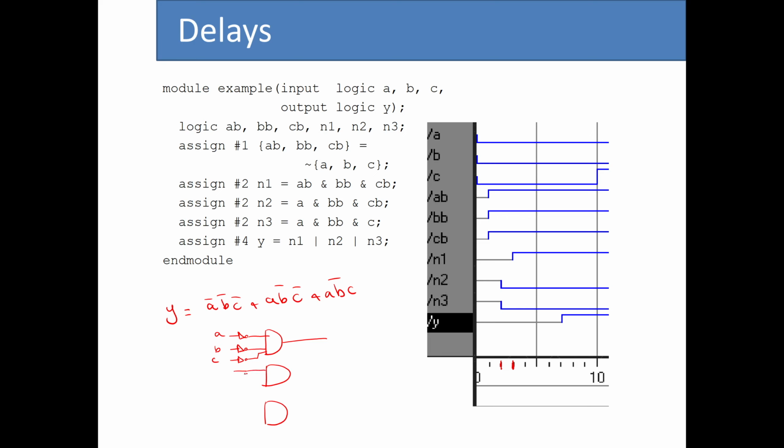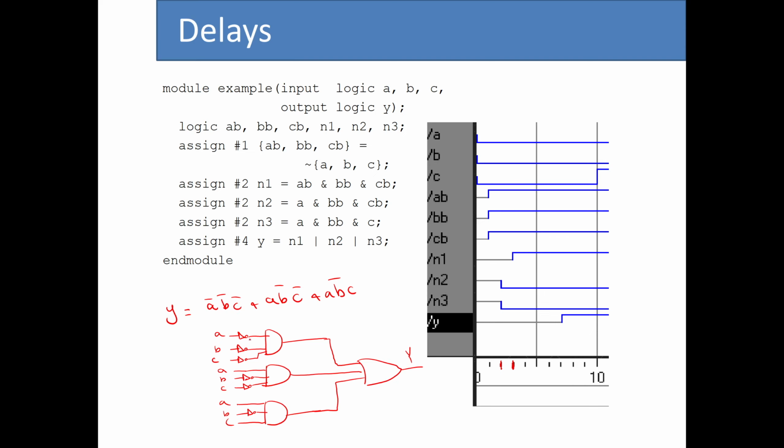For the second AND gate, we have A, B NOT, and C NOT. And finally, for the third AND gate, we have A, B NOT, and C. Then the final result is ORing these values to create the final function y.